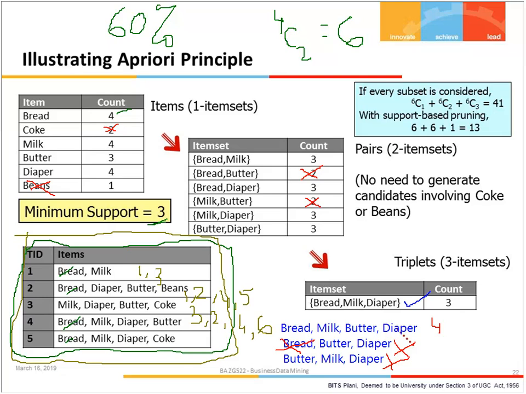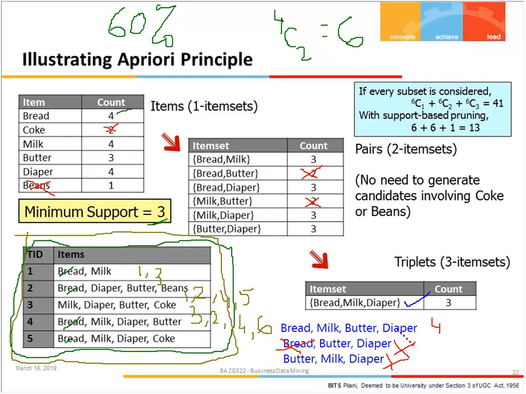Then they'll fit in with the hash tree. So once we get each transaction, we have to see how it is contributing to the support count of each one of the candidates. See, if we do not organize it well, then for each transaction, we have to compare with each item set.